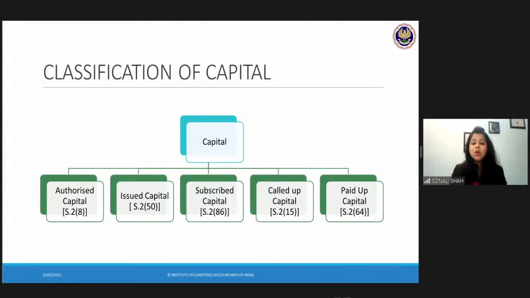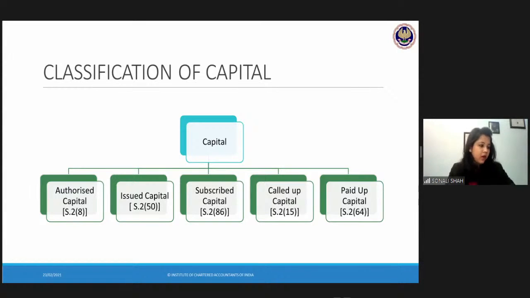So these are the different kinds of capital, or the different terminologies pertaining to capital that you get to hear, right? So authorized, issued, subscribed, called up, paid, right? 2, 50, 86, 15, 64. So you will have to build up your own mnemonics for remembering things.